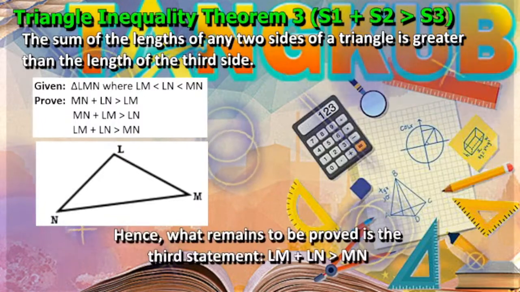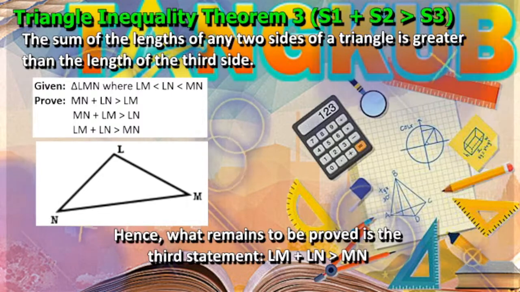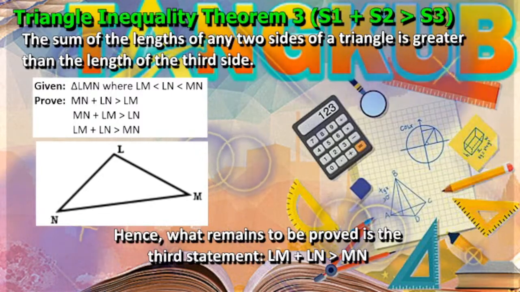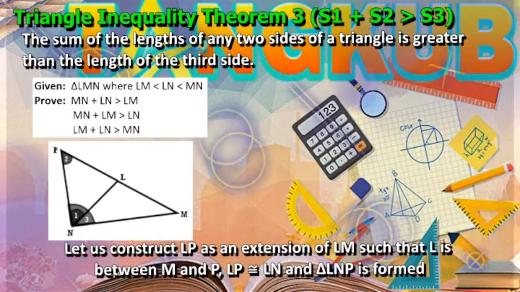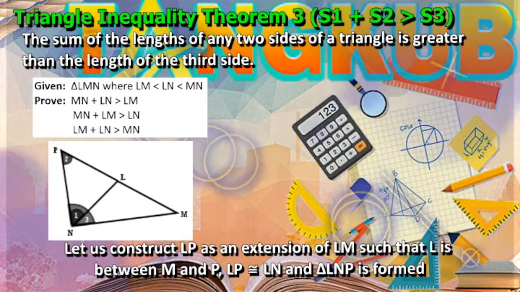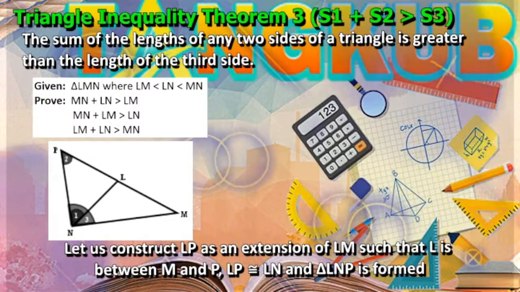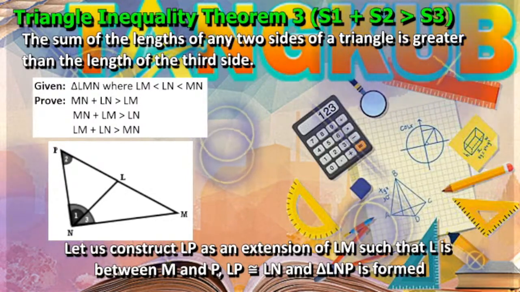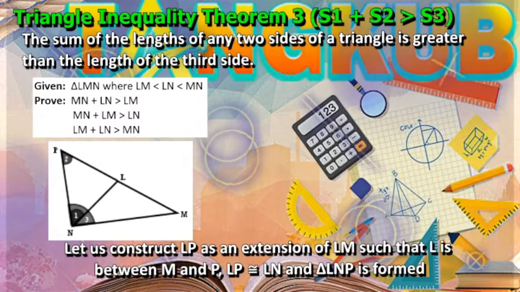Hence, what remains to be proved is the third statement, which is LM plus LN is greater than MN. To continue, let us construct LP as an extension of LM, such that L is between M and P. LP is congruent to LN, and triangle LNP is formed.